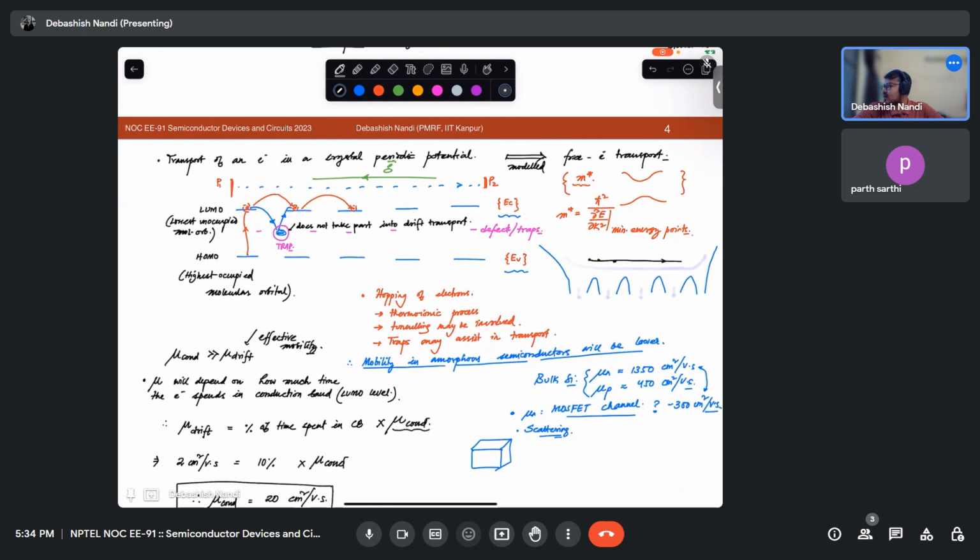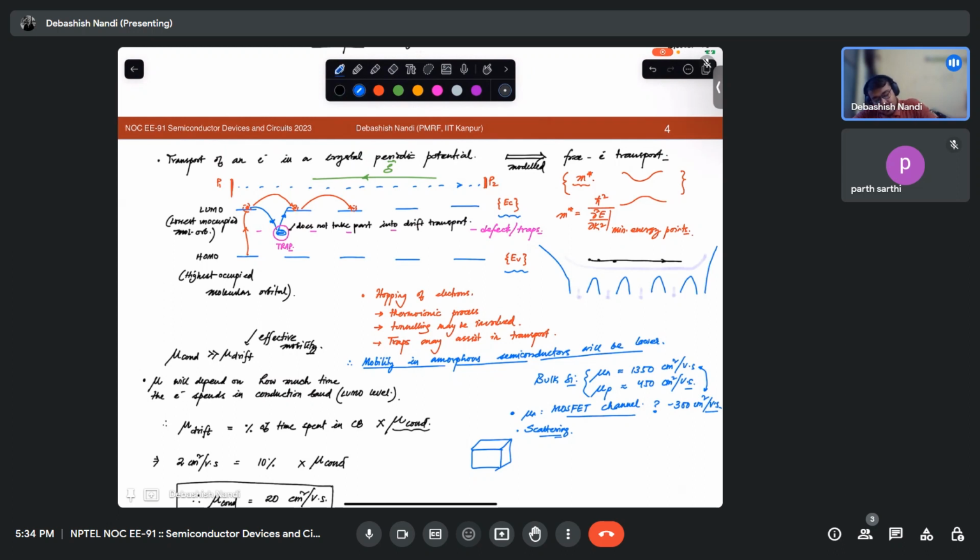In communication you may not have heard it because they do not cover it in undergrad. So hopping means you put a step and then you jump, put another step, then you jump, put another step. In that way you are moving. That is called hopping.